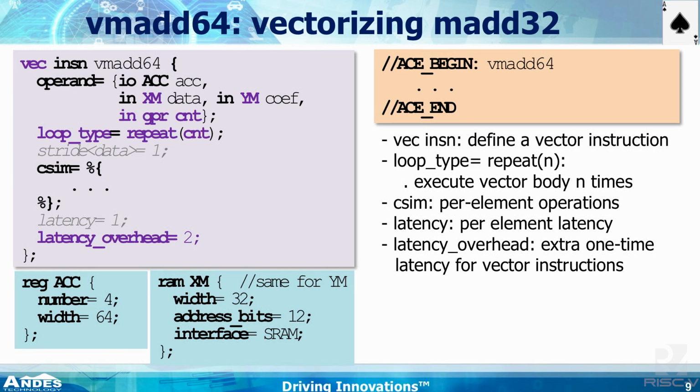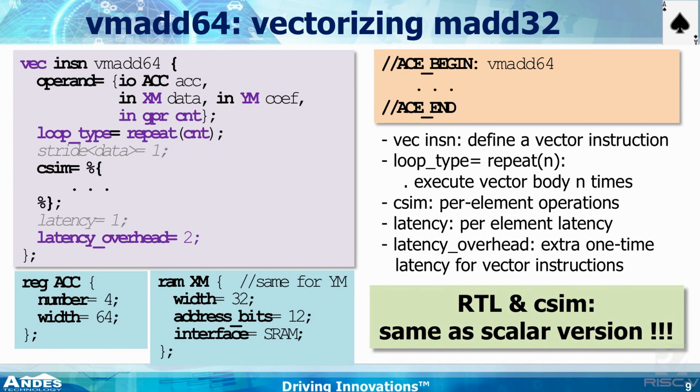We also have latency, and latency overhead is specified once per vector instruction. So this is all you need to do. The instruction semantics inside CSIM and AC begin and AC end is precisely the same as the scalar version.